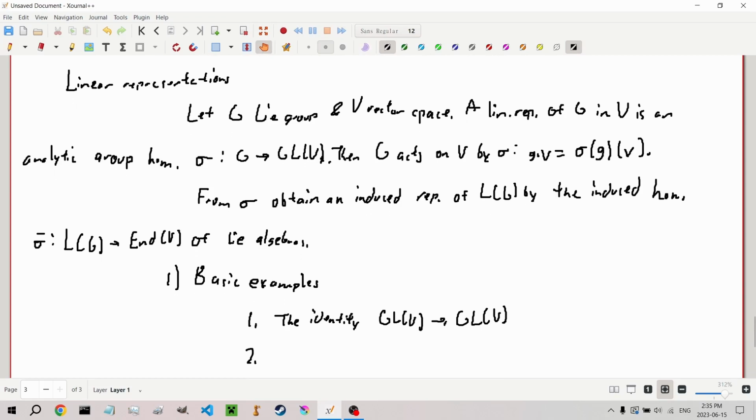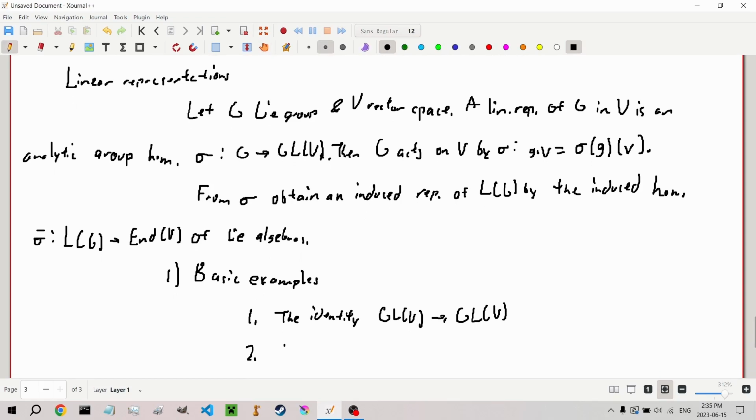Two, you can define the map, which we can write as an asterisk, from the general linear Lie group of V to the general linear Lie group of its dual, as the element U being sent to U transpose inverse.